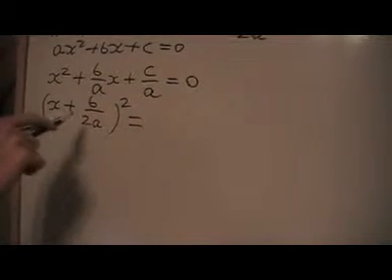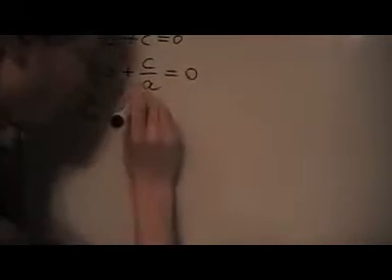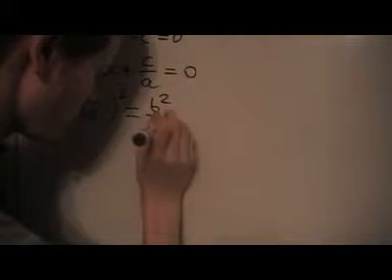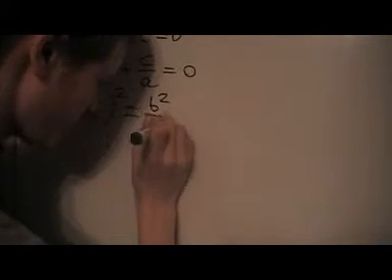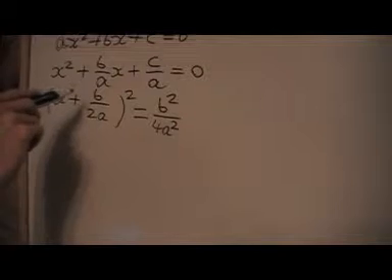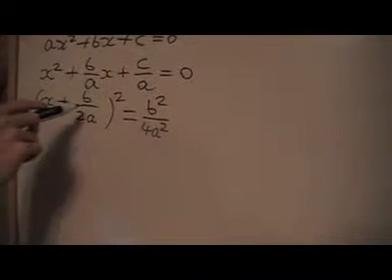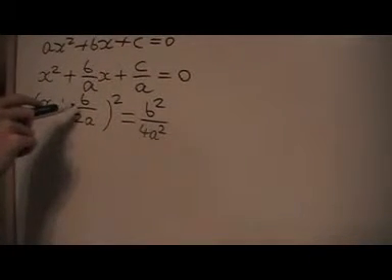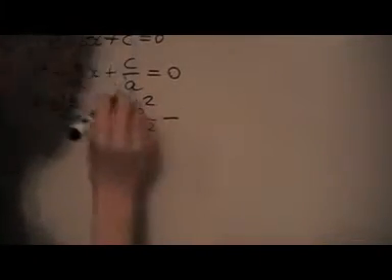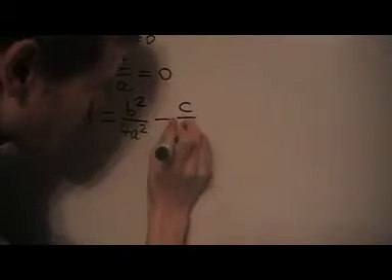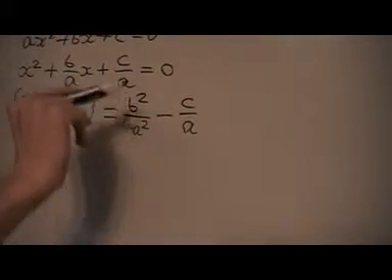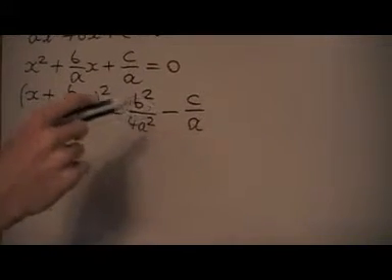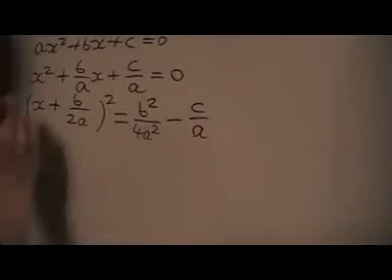And then if I have that on one side, I must have it on the other. So I'm going to put b squared over 4a squared on the other side. And I have got that on here because when you square this term in here, you do get that. And the other term, I want to move this one over, so I'm going to move over c over a, which will become minus when I move this over.